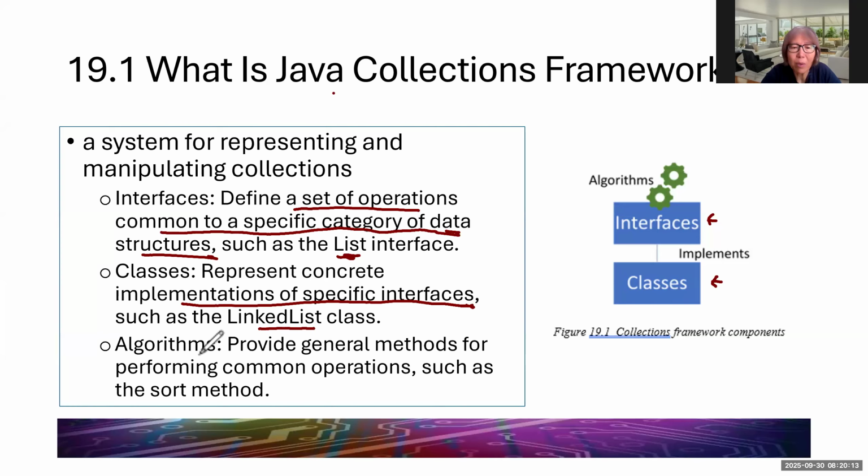The third component is algorithms. Algorithms are not about some specific category of data structure. They provide general operations, general methods to perform common operations, for example, searching or sorting, and they can be applied to a certain group of data structures.